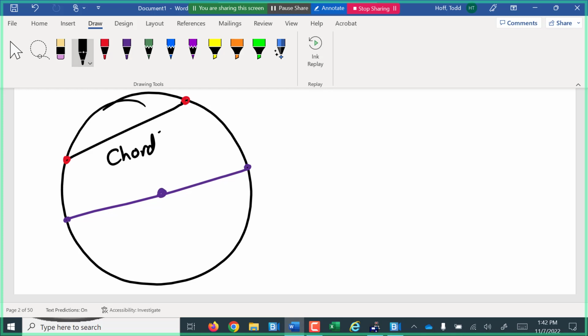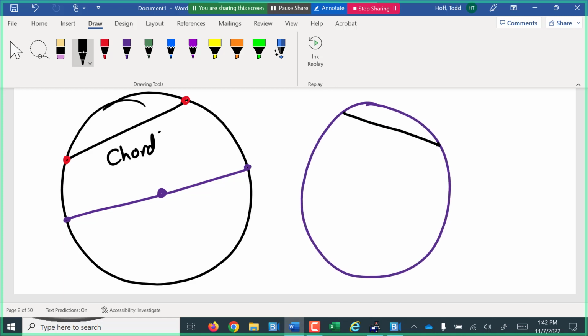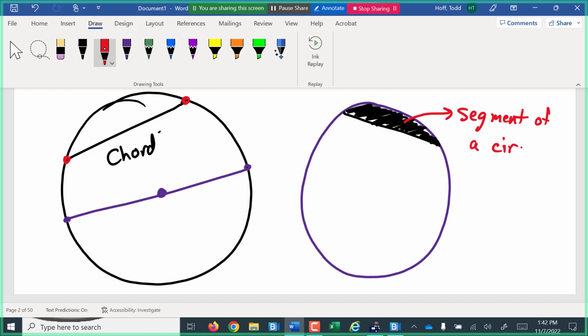But anyway, what we're going to try to find now is the area of this piece here. This little piece, this sliver of the circle out here that is cut off by a chord, is called a segment of a circle. Well, without calculus, there is no way to calculate it directly. So we have to find it by finding the area of two related pieces.